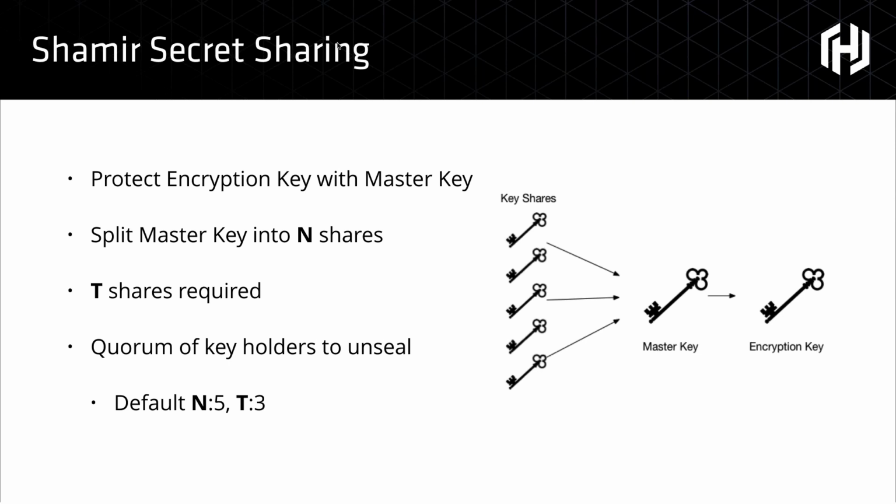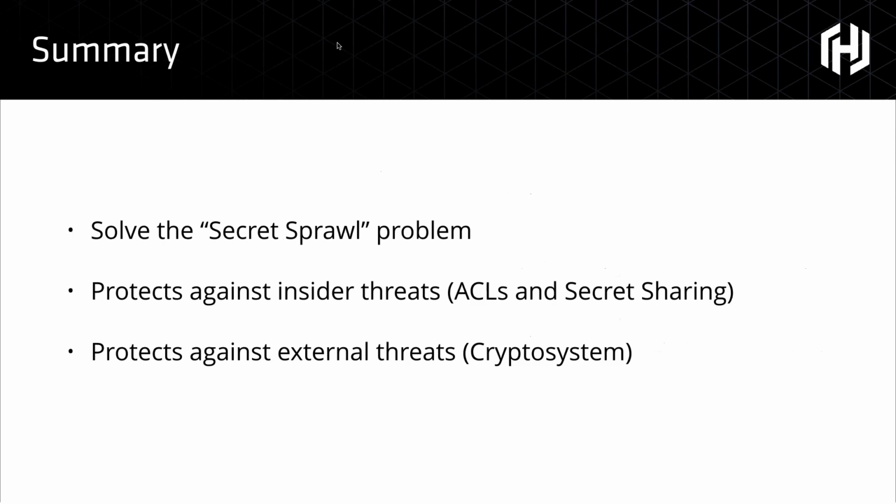So we need a quorum or a majority of our key holders to be present to do this. What we're distributing to our operators is a key share that on its own isn't particularly valuable. You need a majority of these keys to reconstruct access to the system. This lets us avoid being concerned with a single malicious operator attacking data at rest.